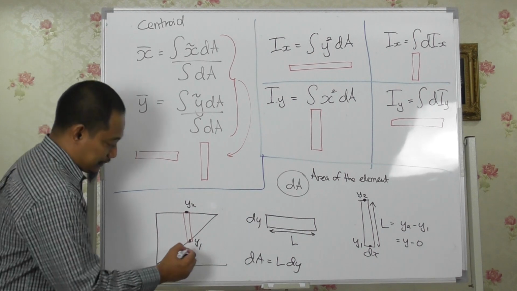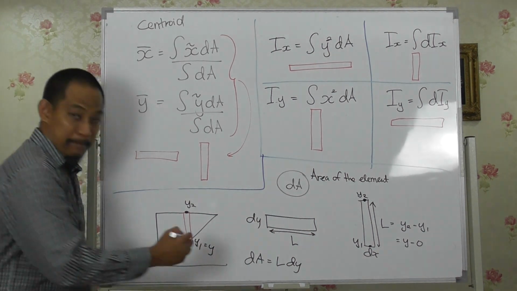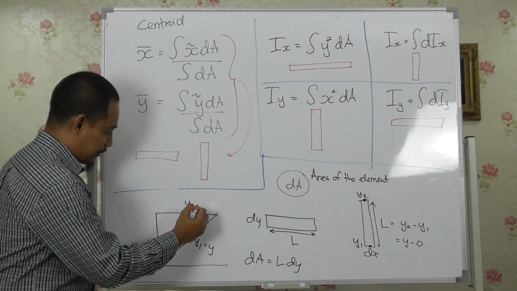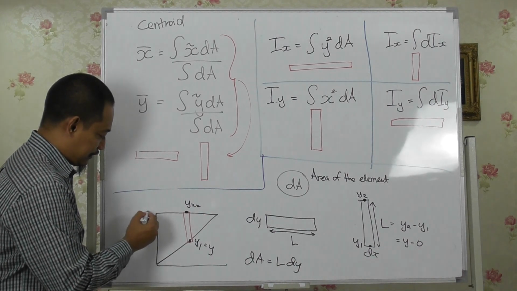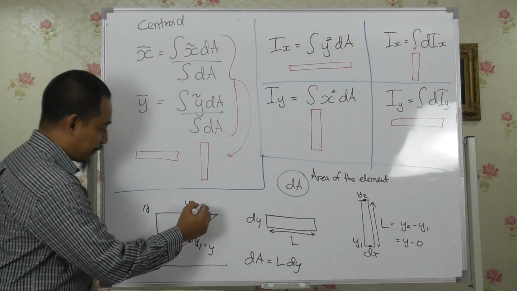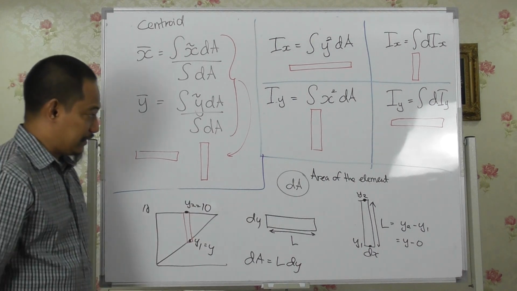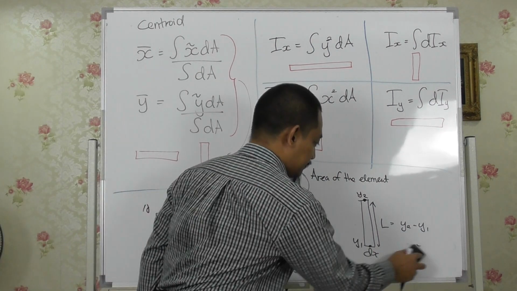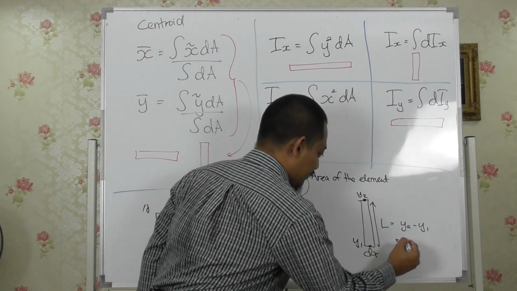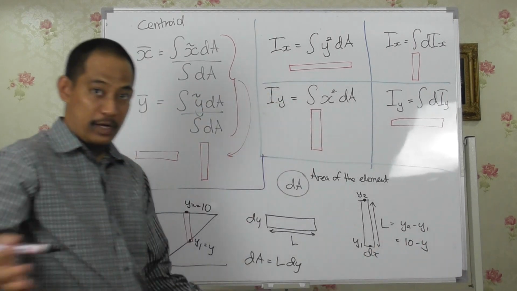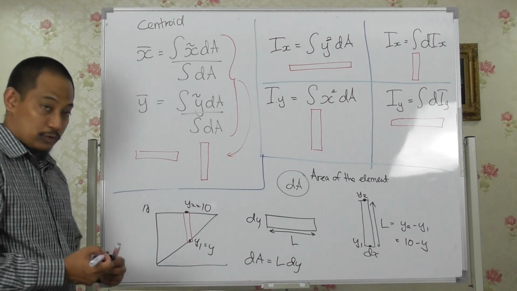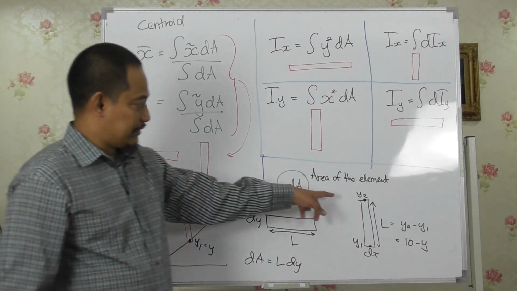So in this case, y1 is y, and y2 is whatever value is here. Let's say this is 10. Then y2 is 10 because it's a constant 10. So then it becomes 10 minus y.